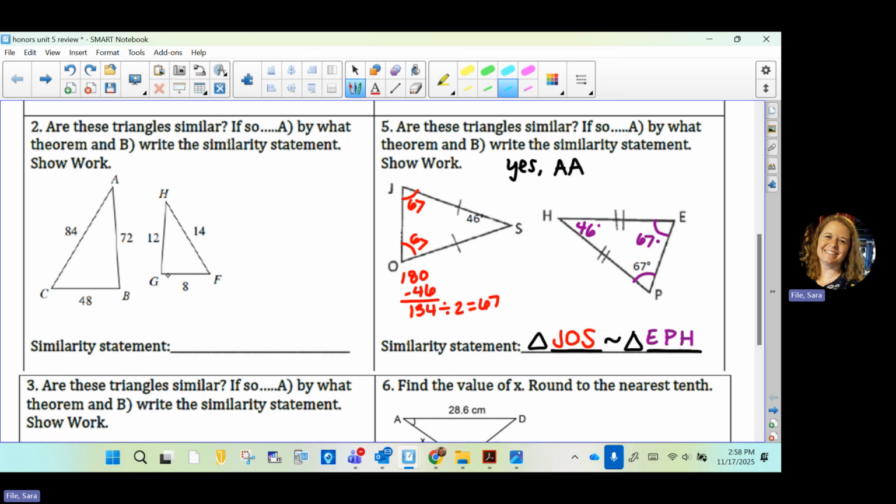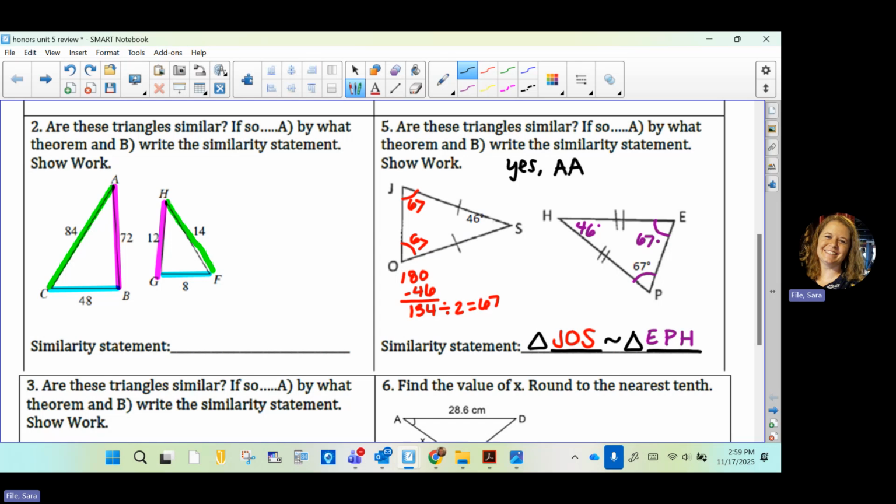The shortest side would have to correspond to the shortest side. So 8 is the shortest in HGF, and 48 is the shortest here. 84 is the longest, 14 is the longest, and then 72 is the middle, 12 is the middle.